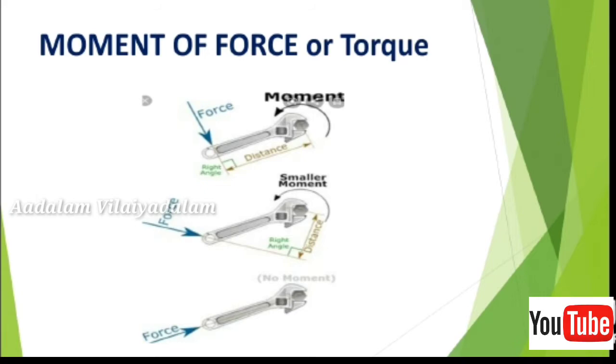For example, if you want to tighten or loosen a screw using the force applied on a spanner, the rotating effect of the spanner on the screw is known as moment of force. The moment of force is otherwise called torque, and it is denoted by the symbol tau.